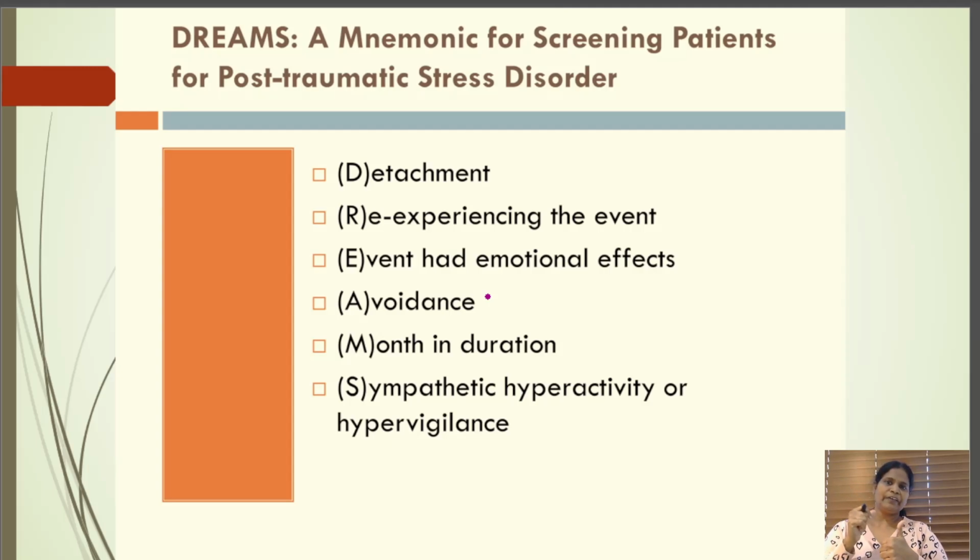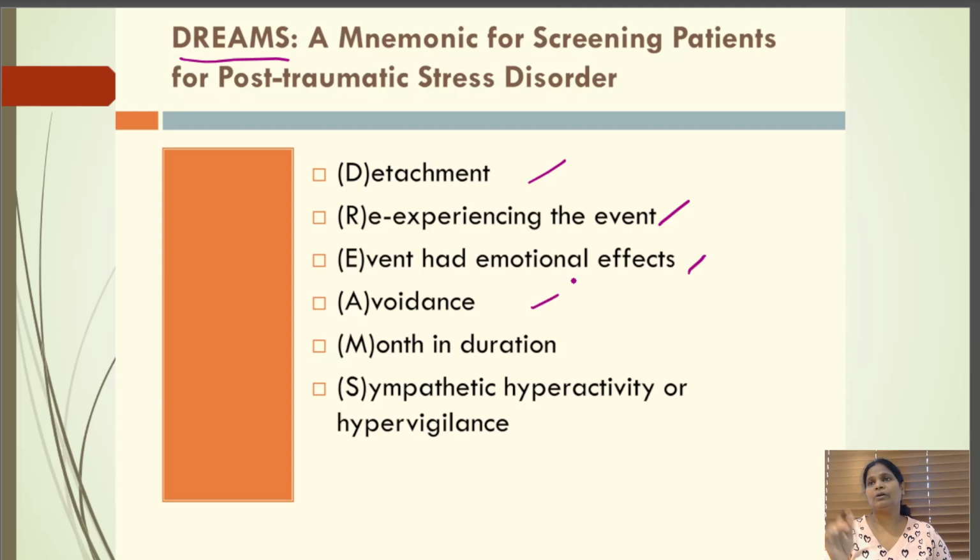Now there is a screening tool for patients to find out whether they are suffering with PTSD. The tool is named DREAMS. Each letter has a meaning. D for detachment, R for re-experiencing the traumatic event again and again, E for emotional effects.